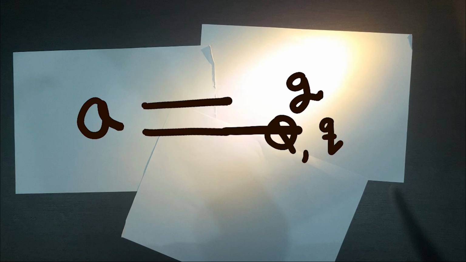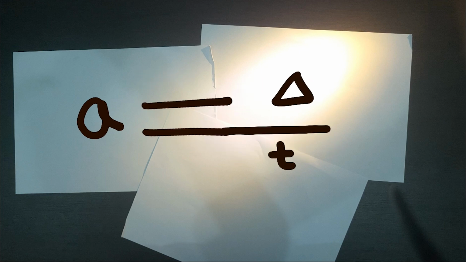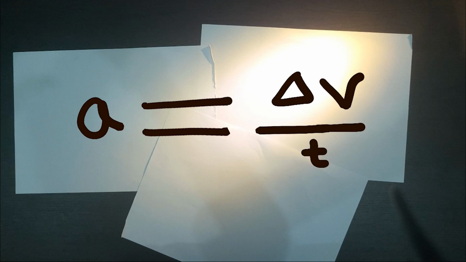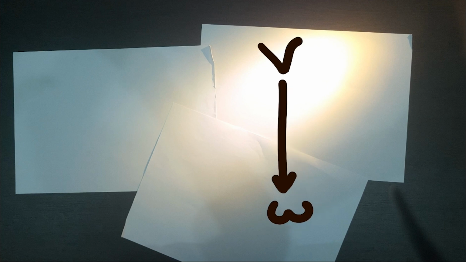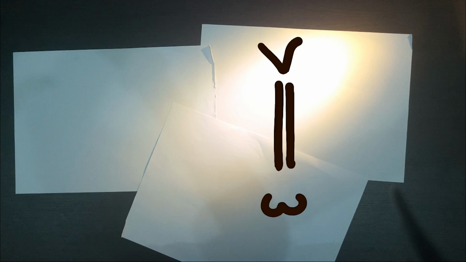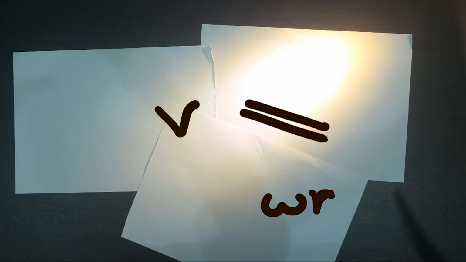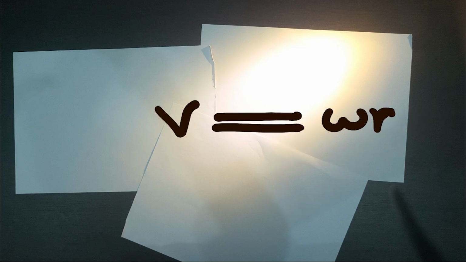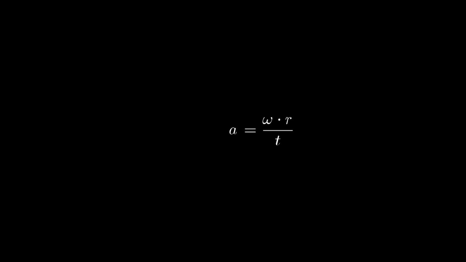Acceleration is change in velocity over time. We can use the conversion formula from linear velocity v to omega, angular speed or velocity, that we derived. So centripetal acceleration A equals omega times r, all divided by t. t equals theta divided by omega.